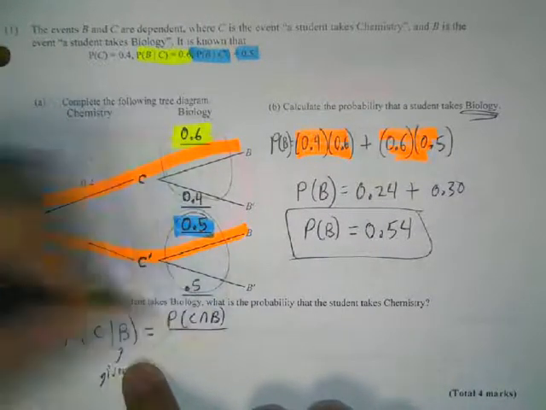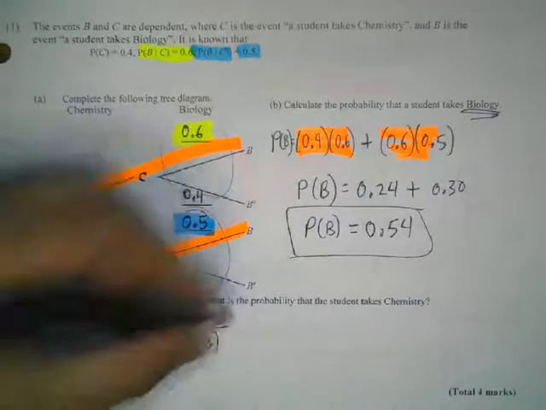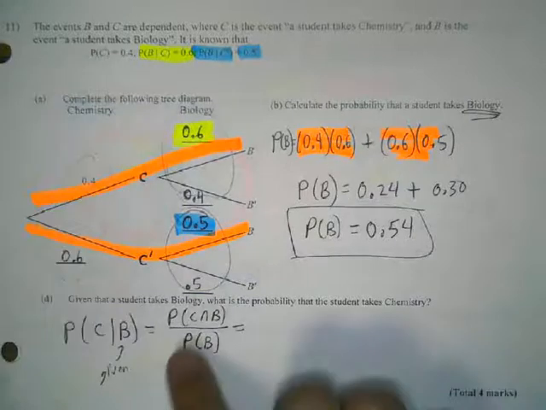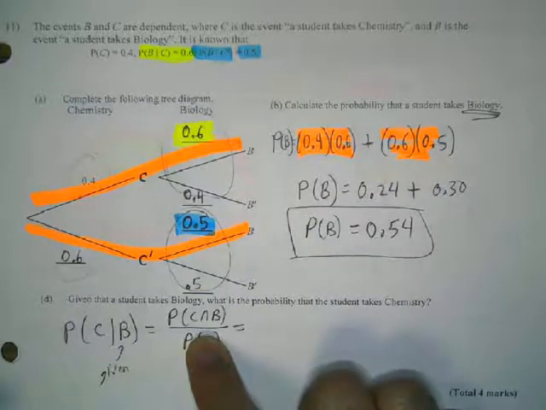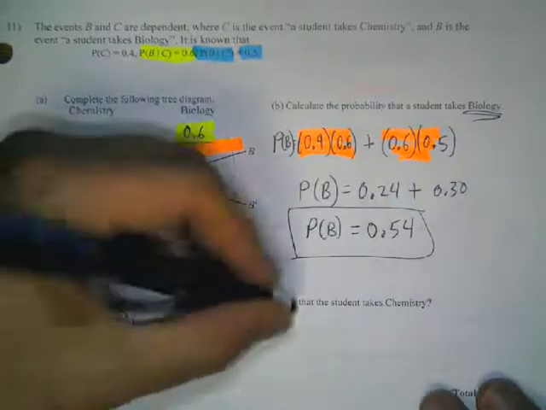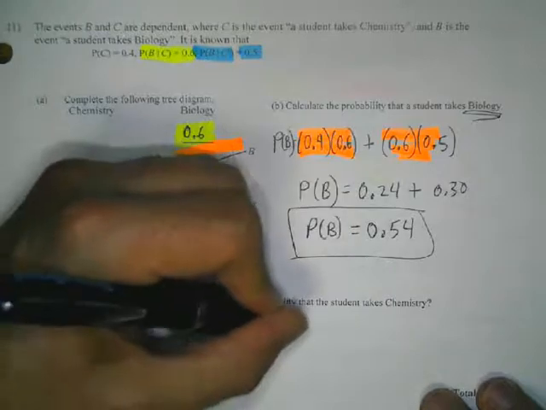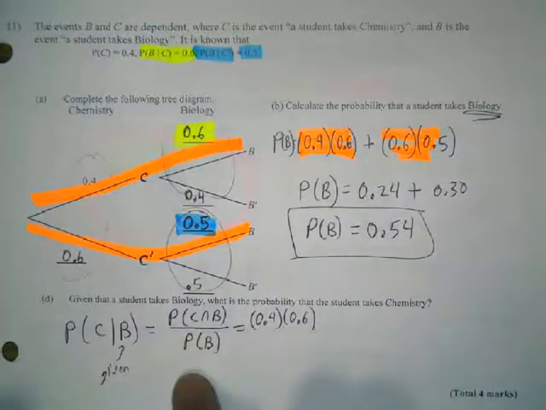My denominator is the probability of biology. Our intersection of chemistry and biology is 0.4 times 0.6. The probability that a student takes biology, we just found that out.